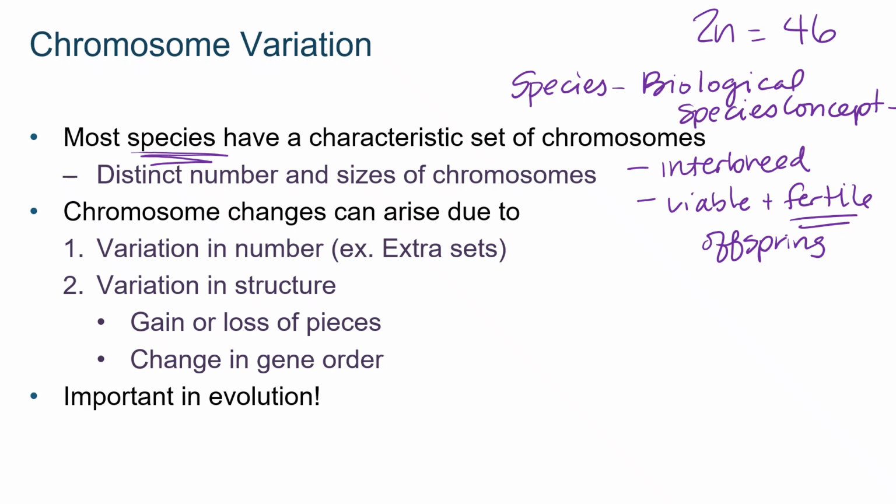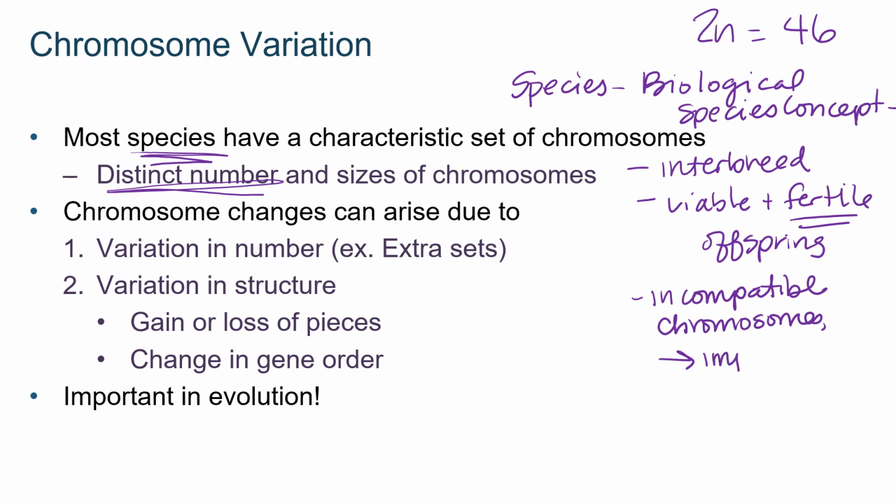The reason that we're talking about this here is that we're going to be looking at the distinct chromosomes in some of these organisms, or at least organisms in general. And if their chromosomes are incompatible, the cell cannot undergo meiosis properly.